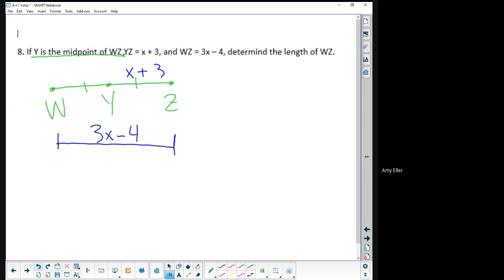You wouldn't believe the number of people that do this. Oh, I see the word midpoint, which means 2 things are equal, so I'm going to set these equal. Do we all see a problem with this? Look at your picture. You've stated that this little guy is equal in length to this whole thing. That doesn't make any sense. It's better than leaving it blank. It's a good try, but it won't get you any points because it's not true.